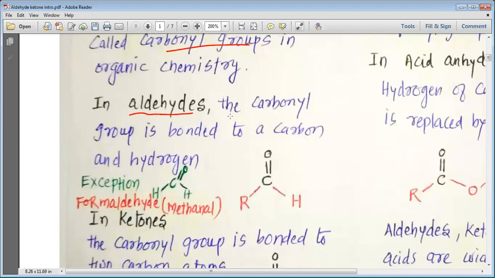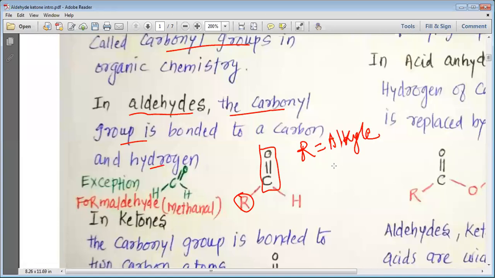In aldehydes, the carbonyl group is bonded to a carbon and hydrogen. You can see, my dear students, this is the carbonyl group which is bonded to the R. Please remember, R is an alkyl group or it may be an aryl group.